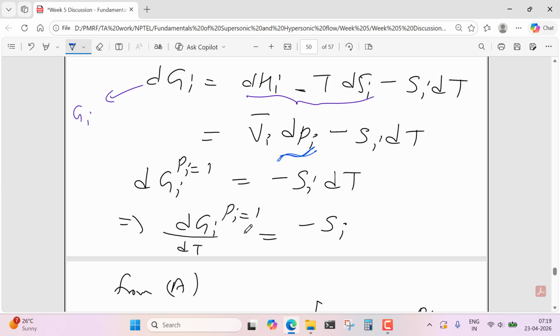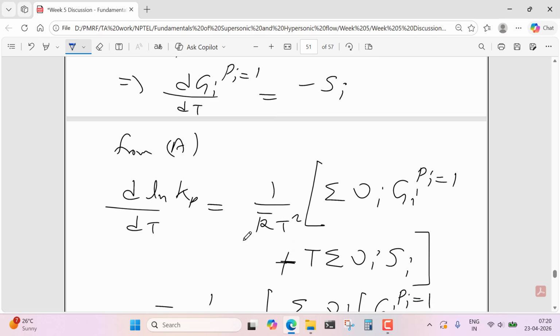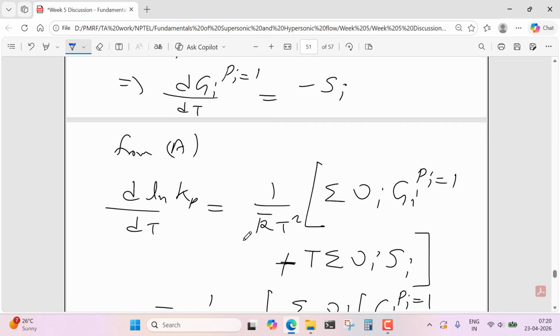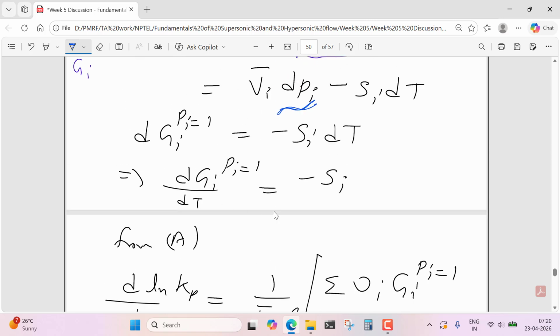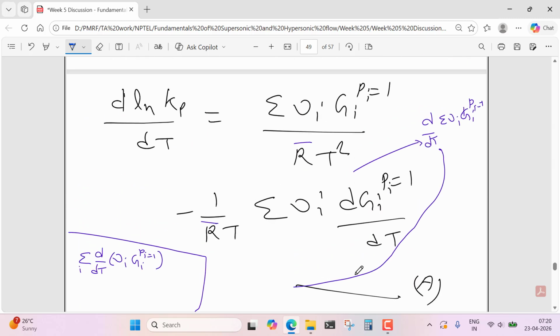So dGi/dT at Pi equal to 1 equals minus Si. Now we will put this value of dGi/dT at Pi equal to 1 in this equation, Equation A.